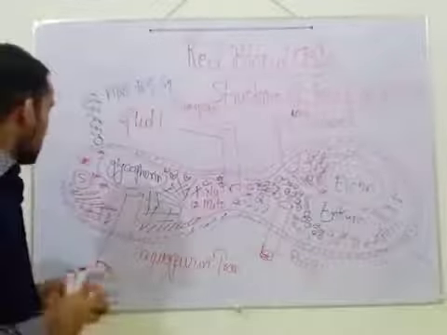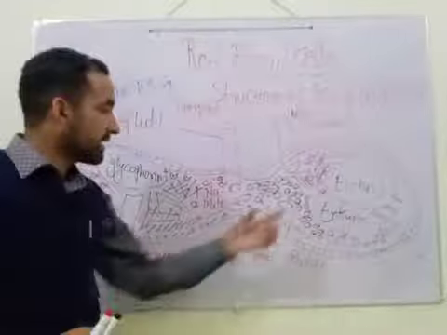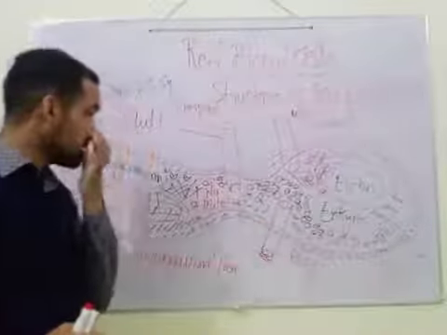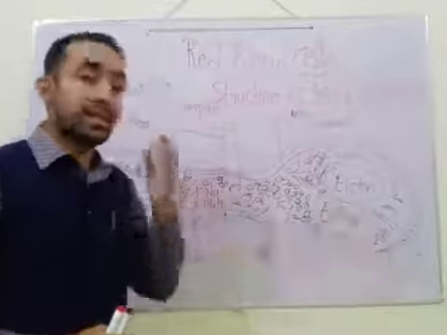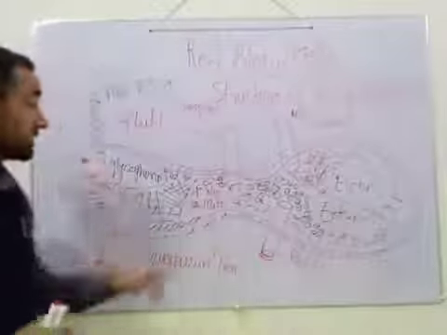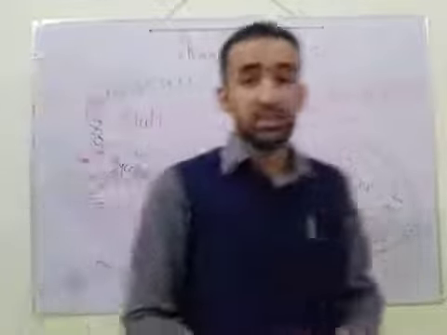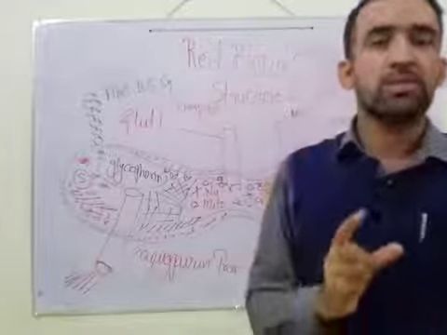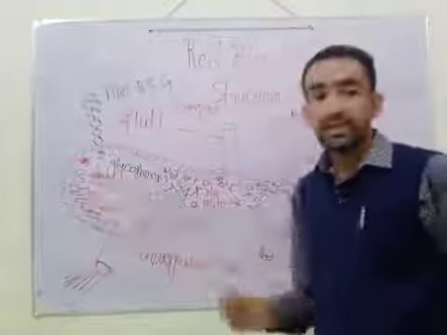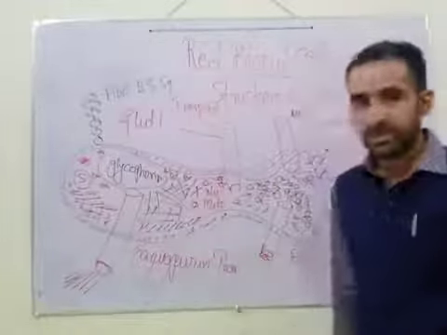Up to now we learned about the integral proteins of the red blood cell, that is spectrin, glycophorin, integrin and actin. Among these four types of protein, the most important is spectrin protein, and spectrin protein is responsible for maintaining the integrity and stability in the shape of red blood cell.